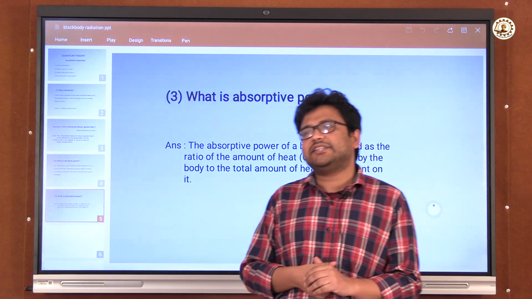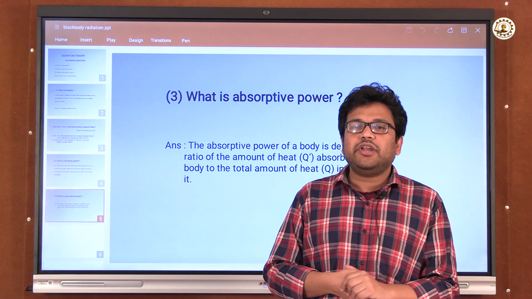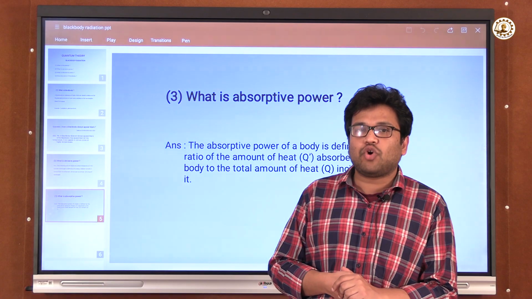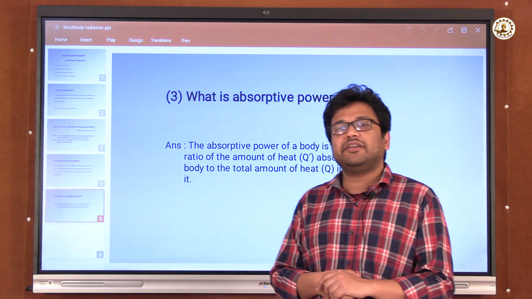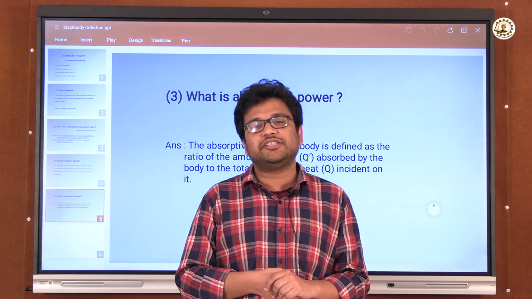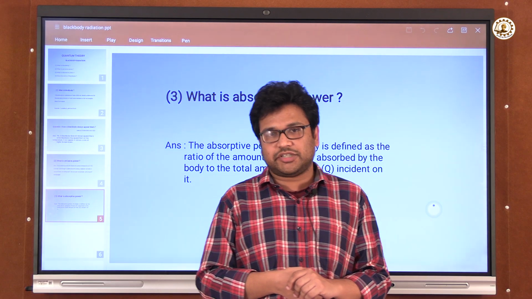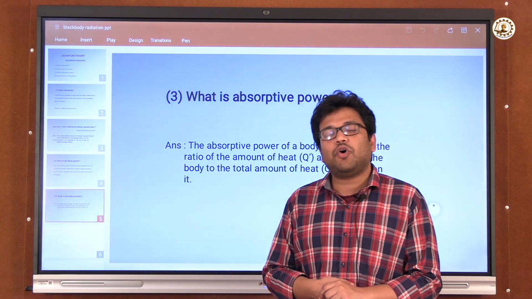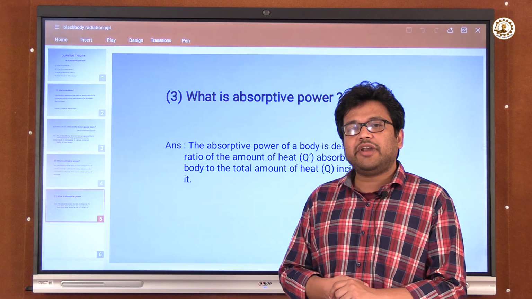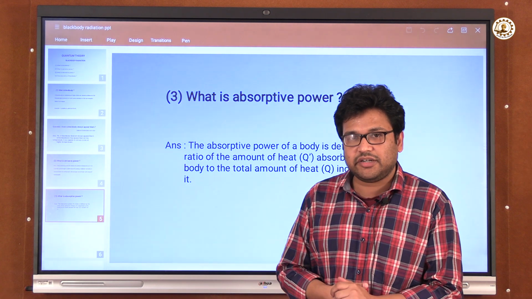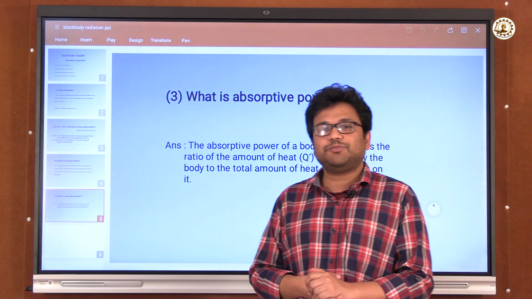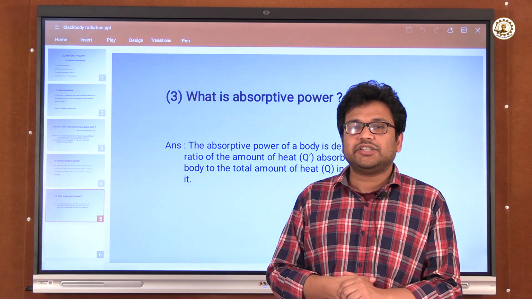The second characteristic is that black body radiation is isotropic in nature. That means the radiation is equally distributed among all possible directions. The next point is that black body radiations are homogeneous in nature.